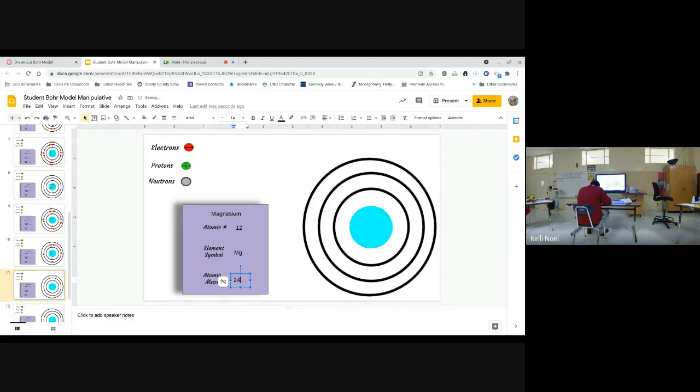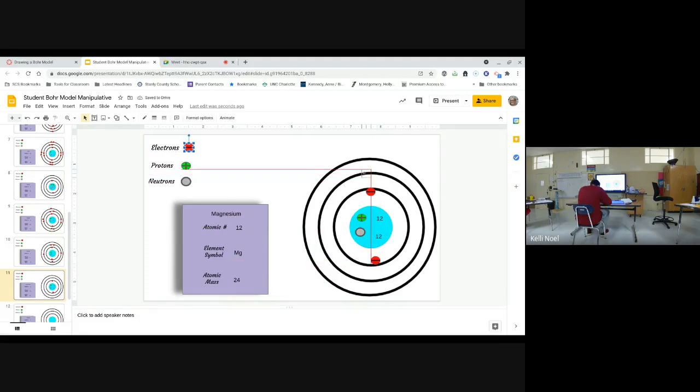24. So we know that protons are 12, so I'm just gonna put one proton, I'm gonna put a box here, type in 12. I know that if I take 24 and subtract 12, I still get what? 12. Then my electrons is greater than 10, so I know that the first one's gonna have 2, and the second one's gonna have 8.